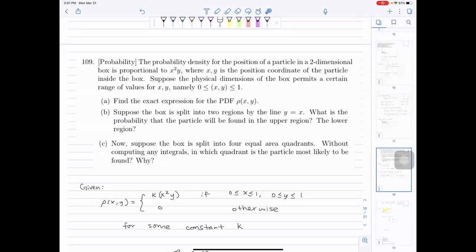Yes, exactly. So we have 0 to 1, 0 to 1 of our density, which right now is some constant we don't know, and x squared y. Doesn't matter what order you do it, I guess. I just did dx dy. Okay, and we want to set that equal to 1.